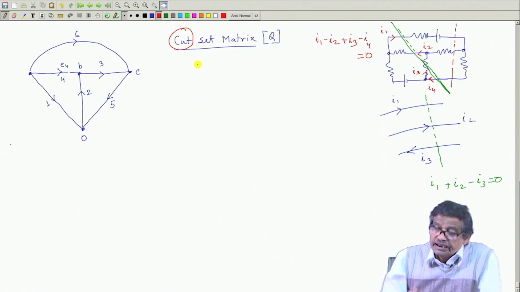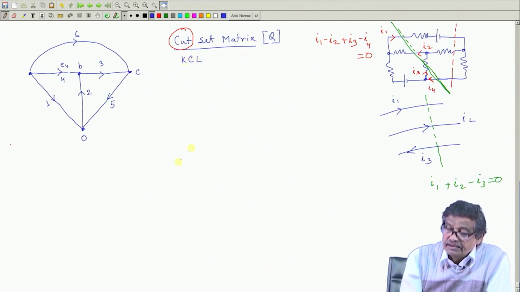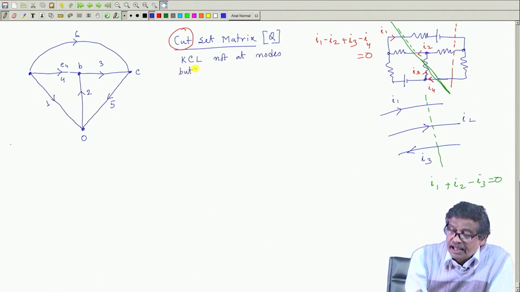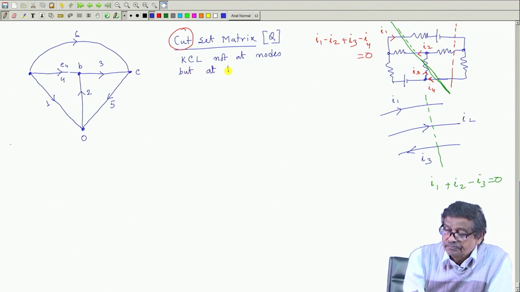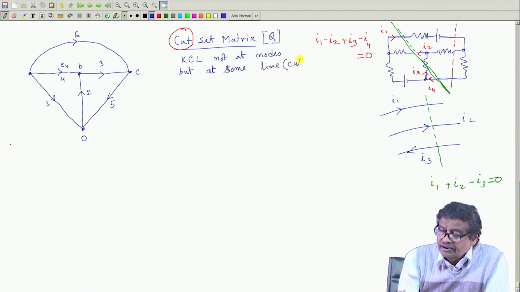It also basically involves KCL, not at nodes, but at some line which we call a cut set.